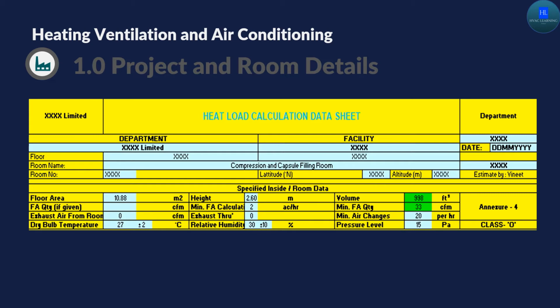Once we are done with this, we have to pull in the specified inside room data. That means the floor area, the fresh air if there is any mandate like 100 CFM that has to be given in due to some dust extractor unit or some exhaust, so we have to directly put in that fresh air quantity.